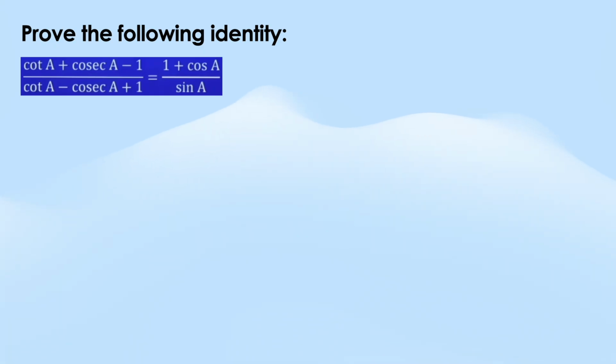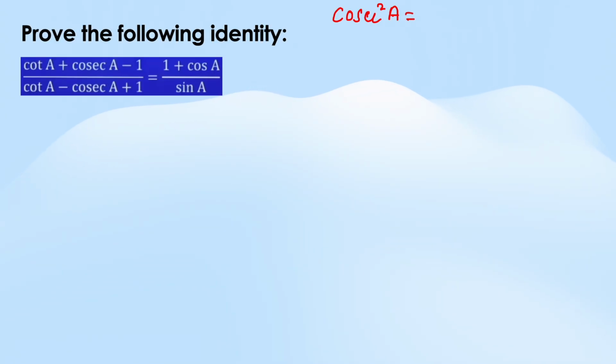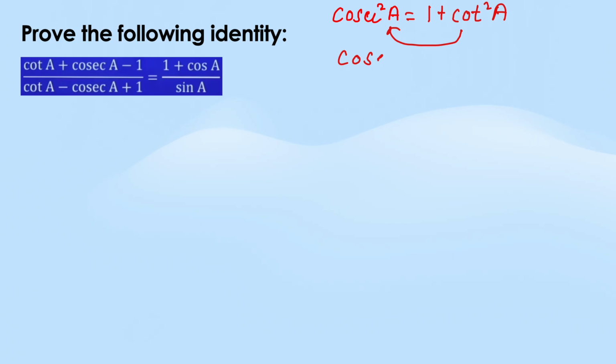I know cosec square A equals 1 plus cot square A. If I shift cot square to this side, it will become cosec square A minus cot square A equals 1. Means in place of 1, I can put the value cosec square A minus cot square A.